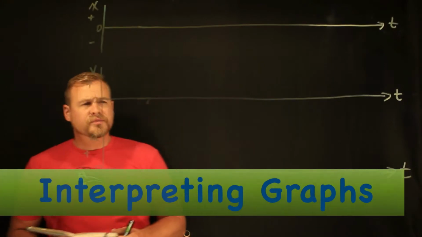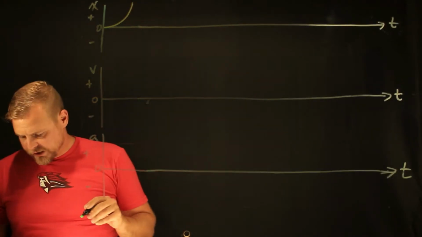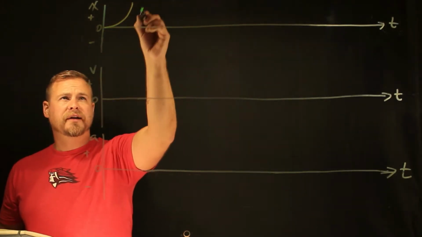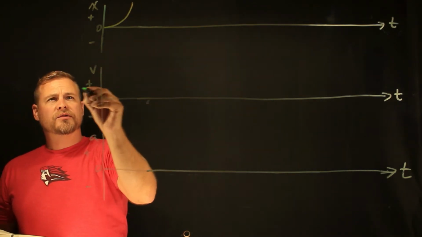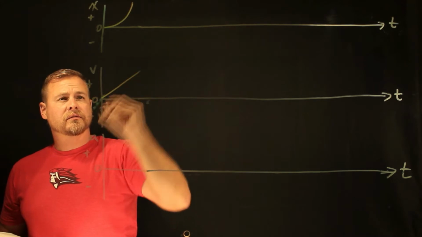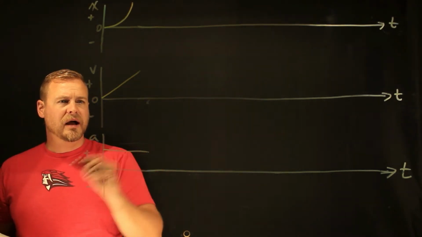We're going to go through some scenarios here. So in a position time graph, if the curve was exponential like this, where I was moving away from my position faster and faster and faster, I would still be moving away, and that acceleration would translate into being positive.